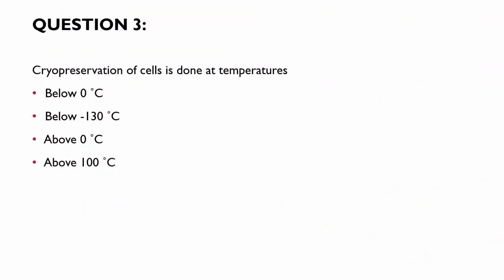Now let's move on to question number 3. Question number 3 is also somewhat similar to question number 2. The cryopreservation of cells is done at temperatures. The options are below 0 degree centigrade, below minus 130 degree centigrade, above 0 degree centigrade, or above 100 degree centigrade.